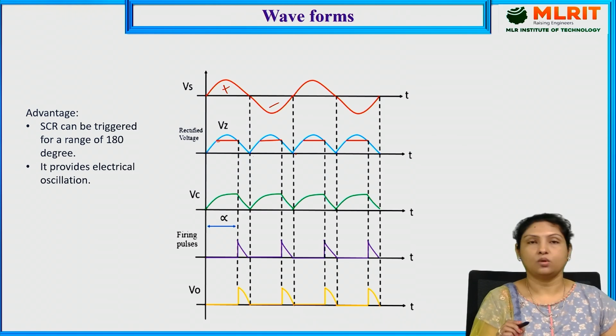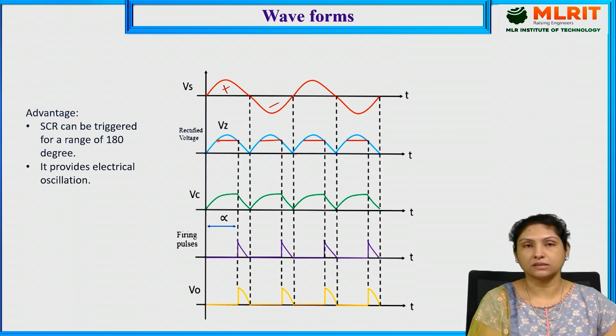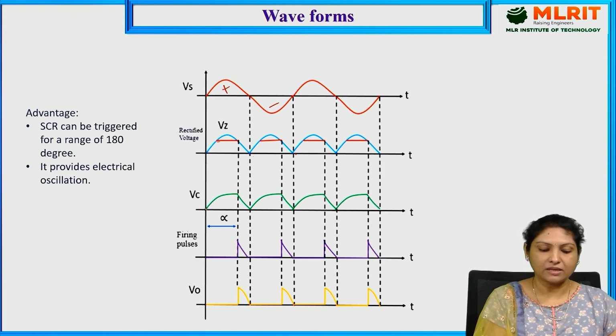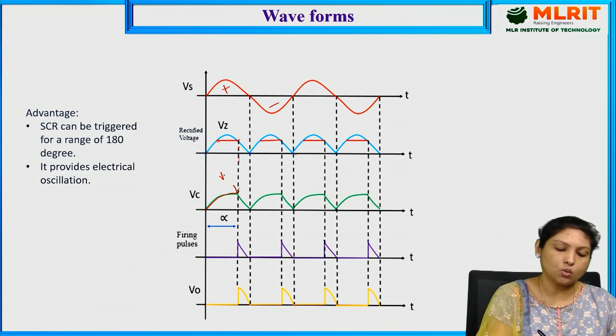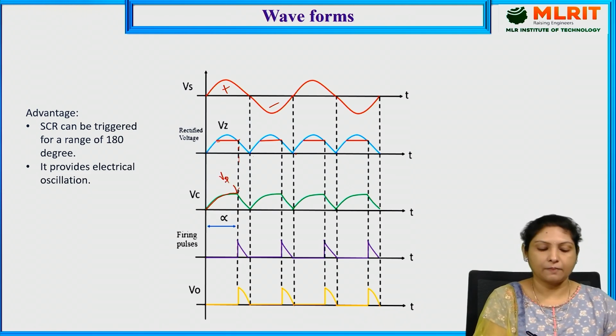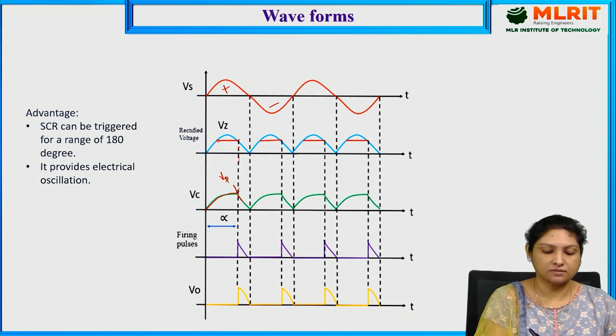Now once the rectified output is obtained, what happens during the positive half cycle? The capacitor charges up to this particular instant, and once it has reached the so-called peak voltage, the capacitor gets discharged.